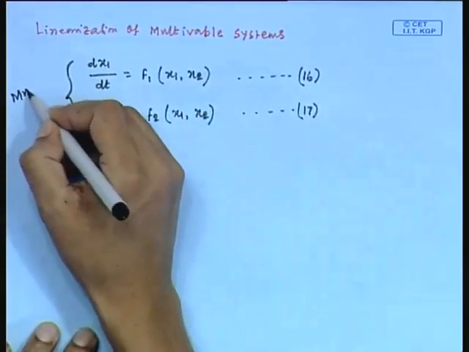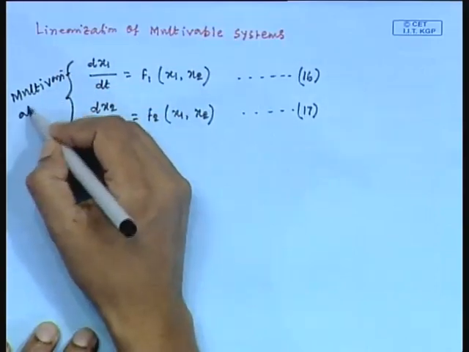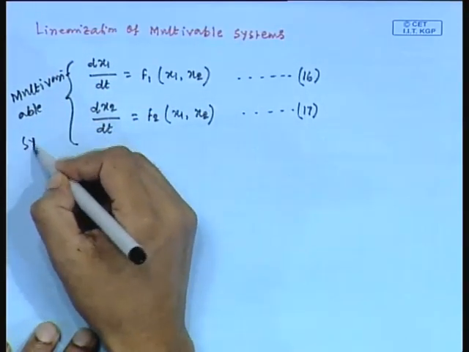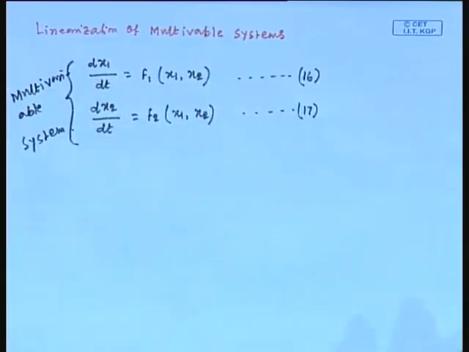By multivariable system we mean a system having two state variables. What are these variables?